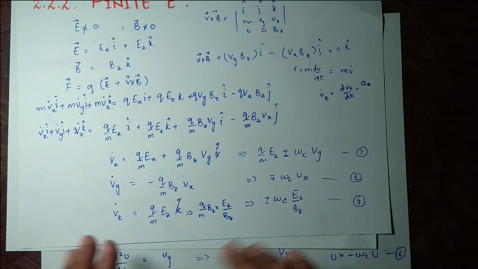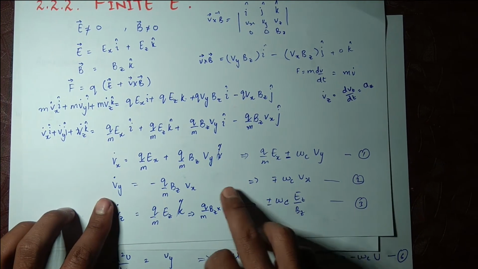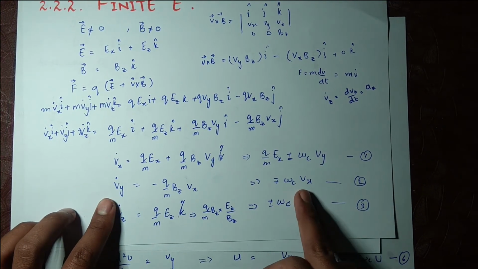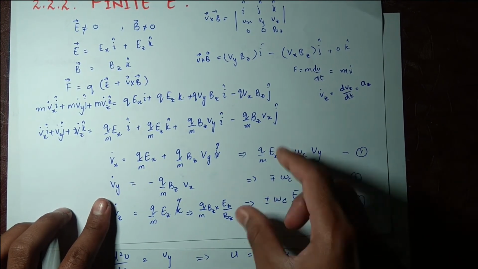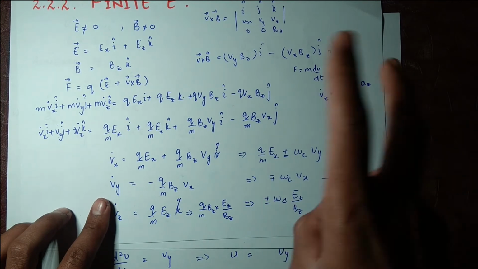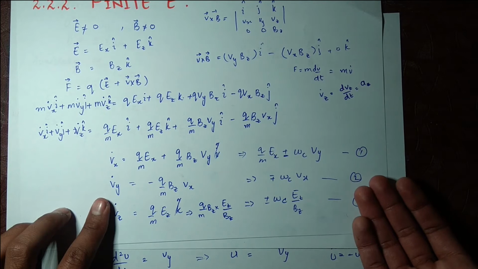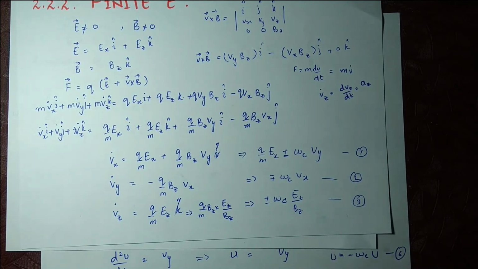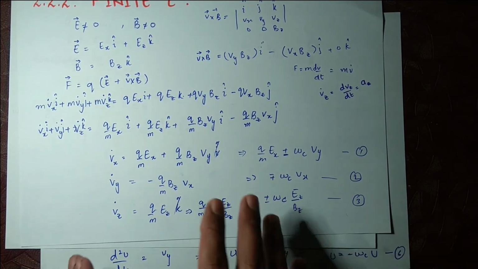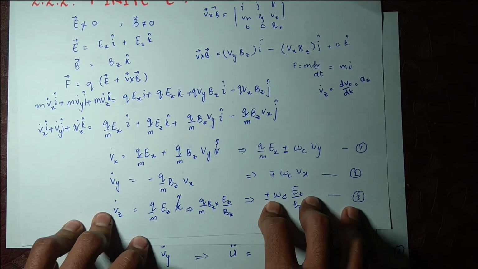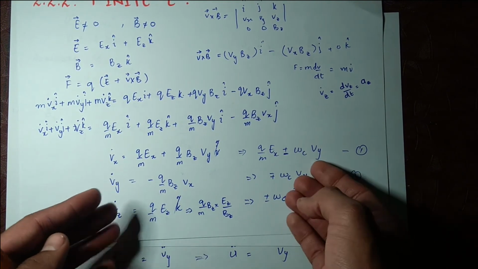There is a y component here and an x component here, and we want them both to be in one component, either y or x. For that, we decouple these equations. So now we are going to decouple them.